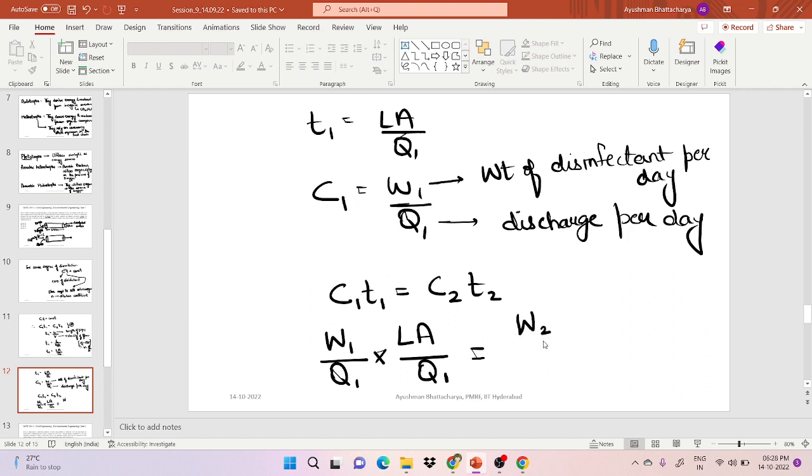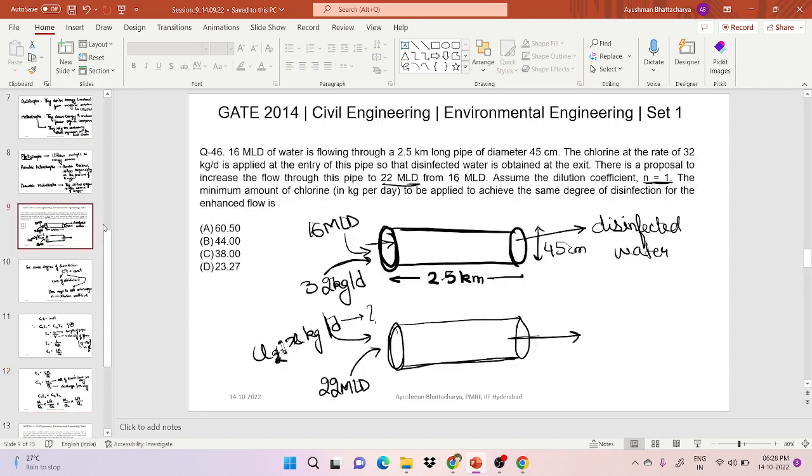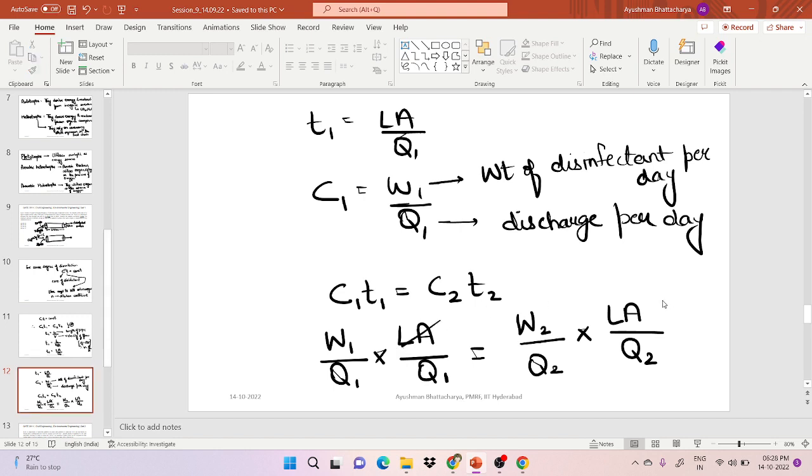So it will be W2 by Q2 and it will be LA by Q2. A and L are constant, since they have nothing mentioned about the pipe, whether they are changing the diameter or the length. So we can assume that this pipe is same. So LA will be constant. So obviously this and this will get cancelled.